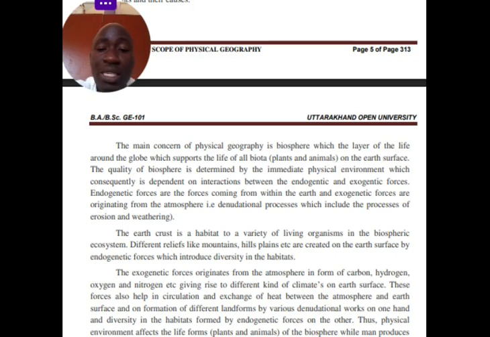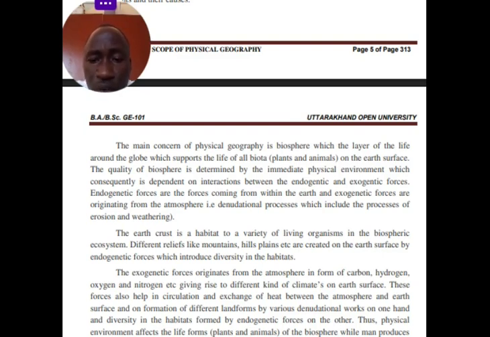We are going to be looking at plants and animals on the Earth's surface and how the physical environment depends on the interaction between the endogenic process and the exogenic process, or forces. When you look at the endogenic process, these are forces that are coming from within the Earth's interior.